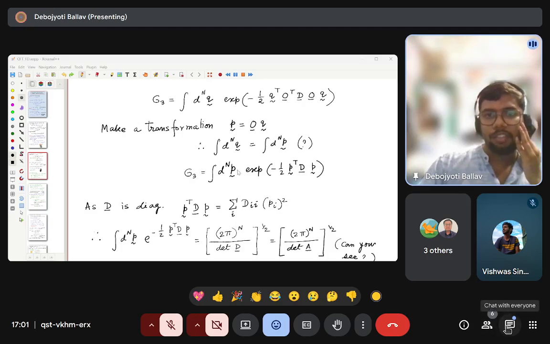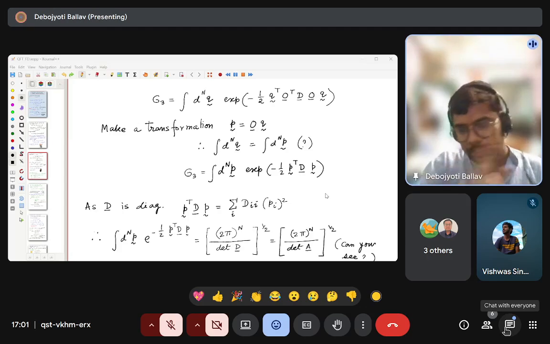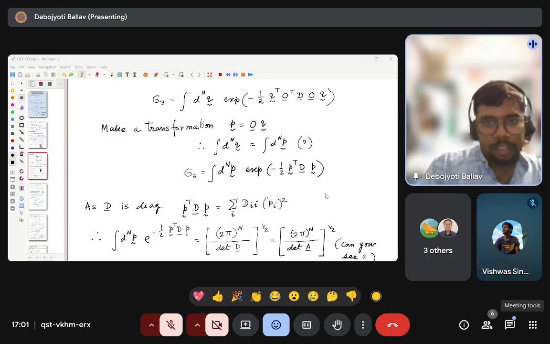So what you have here is a multi-dimensional integral dp1 dp2 up to dpn. Inside the exponent you have the summation d_ii p_i squared, so you have entries like d11 p1 squared plus d22 p2 squared plus up to dnn pn squared. Now you can break this exponent into n factors: exponential of minus half d11 p1 squared, similarly exponential of minus half d22 p2 squared, and so on.